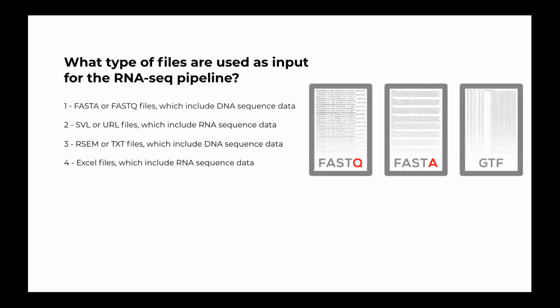You can upload files via link, which are CSV or URL bulk upload options, but the actual files analyzed are FASTA or FASTQ files that contain the DNA sequencing data. Remember that the molecule sequenced for RNA-seq is cDNA.